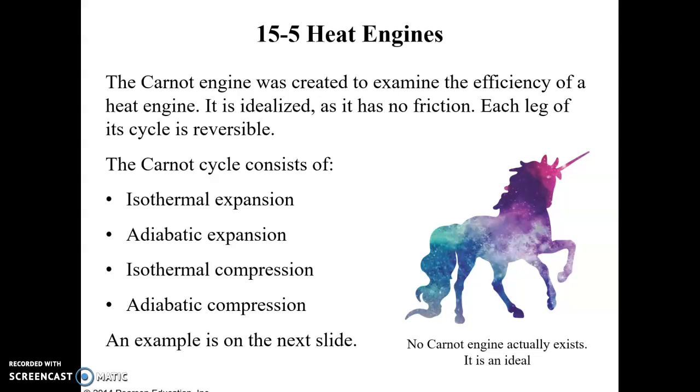And that is what finally brings us to this idea of the Carnot engine. The Carnot engine is an ideal, perfect engine. It consists of completely isothermal expansion, adiabatic expansion, isothermal compression, and adiabatic compression.